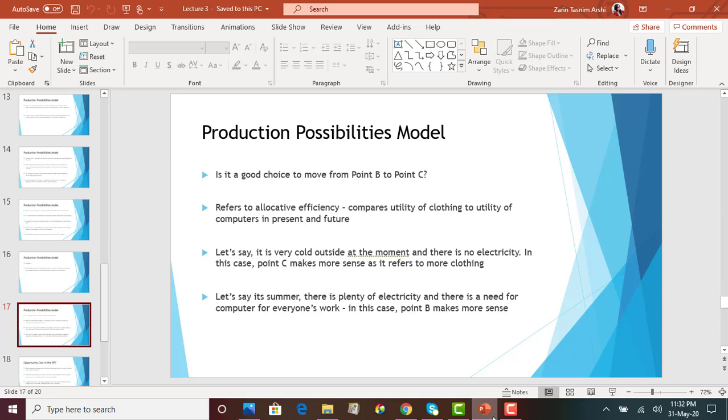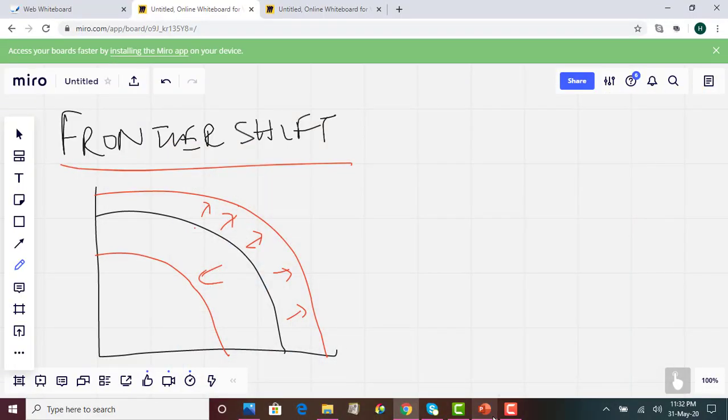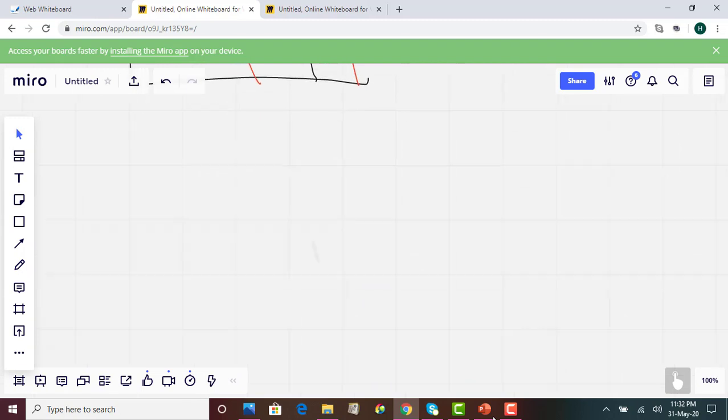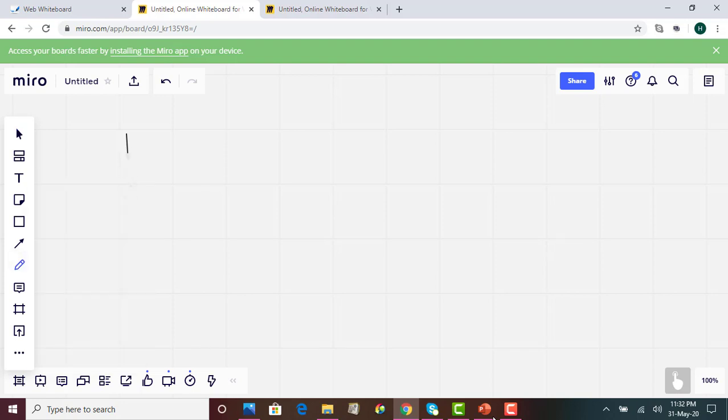Okay, so then another thing we have to look into is the opportunity cost on a PPF. We can calculate the opportunity cost of moving from one point to another when we are looking at a PPF. So let's say again we have this PPF, computers and clothings.